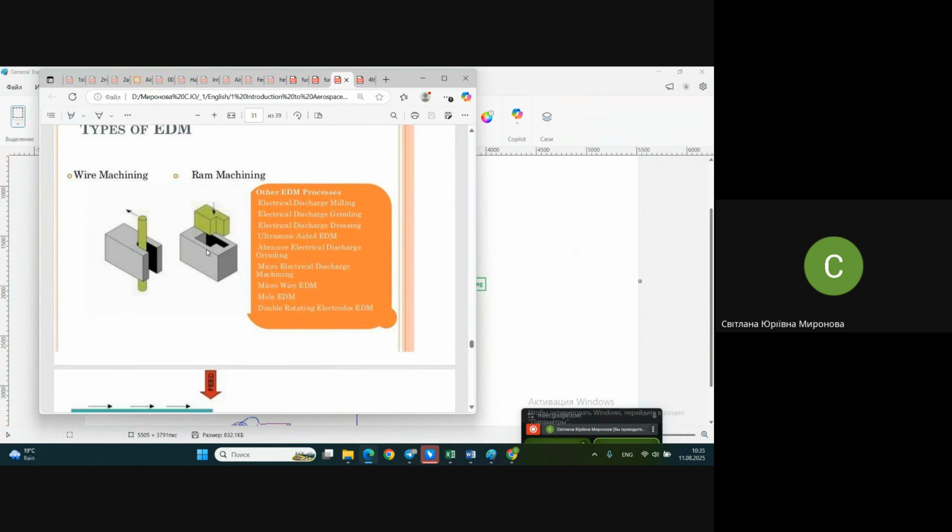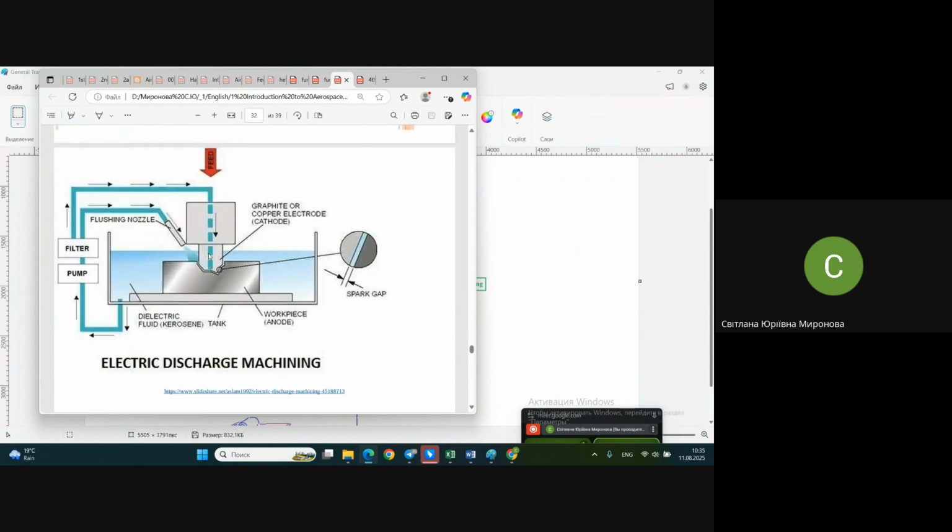This electrode is gradually, slowly intruded into the workpiece, making it repeat the shape of the electrode. Why? One pole of the tool is usually switched as the electrode, and the other as ground, but they are all together elements of the same electrical chain.